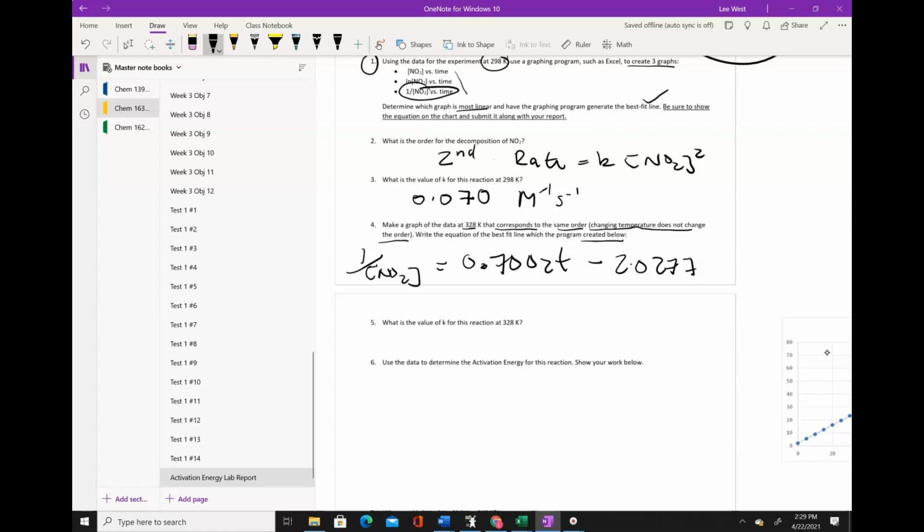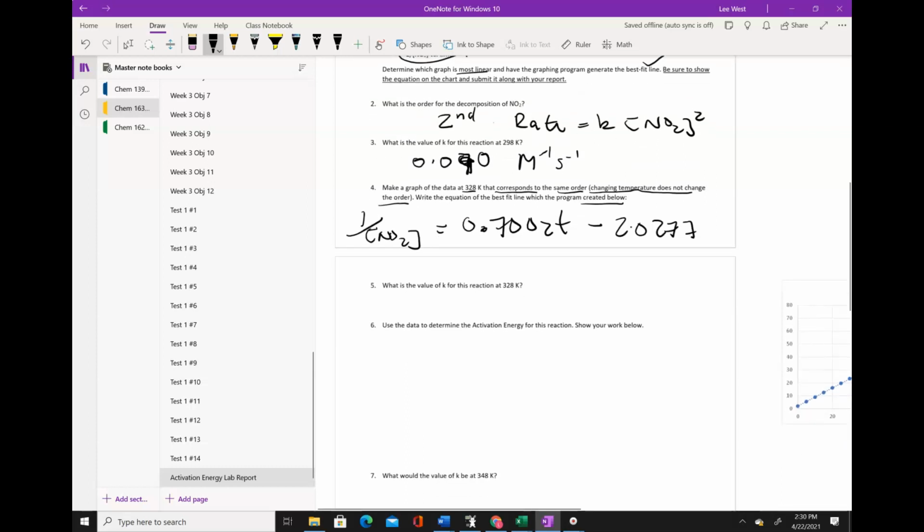So our y equals 0.7002 times our x, which is time, minus 2.0279. There we go. So what is the value of k at 328? Well, it's going to be 0.70. I think 2 sig figs is fine, and the units don't change because it's still second order.